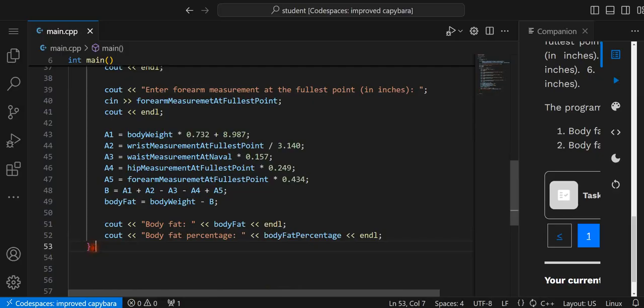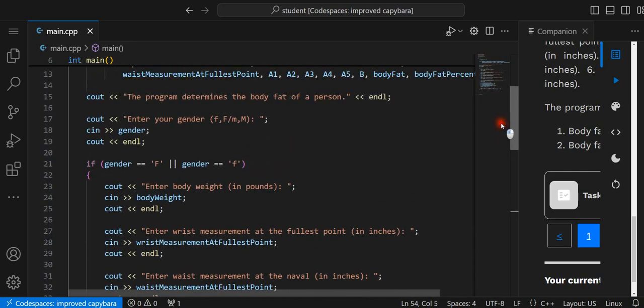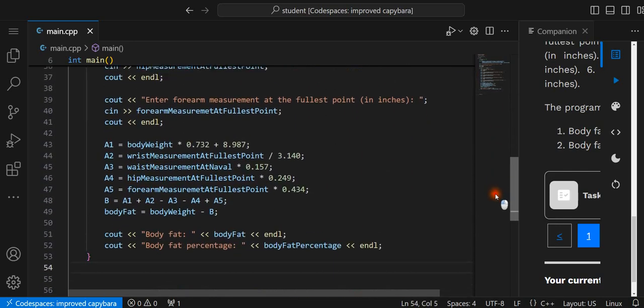There. And let's go ahead and do our else if.